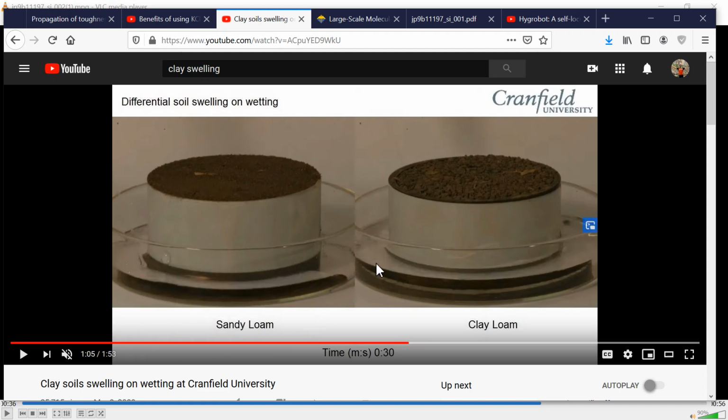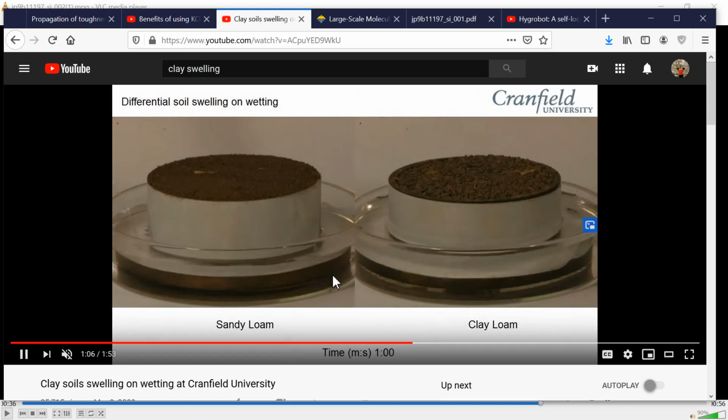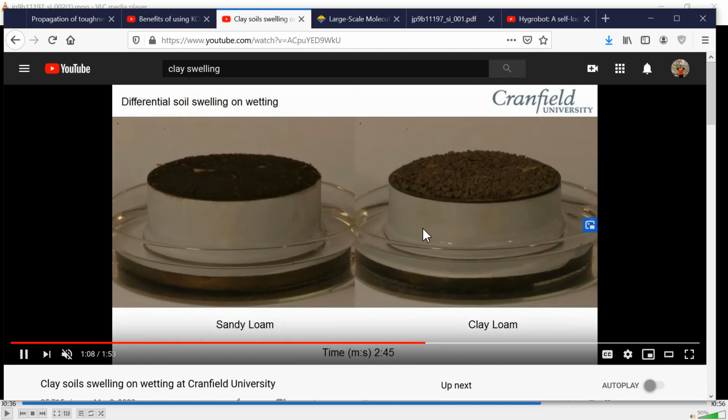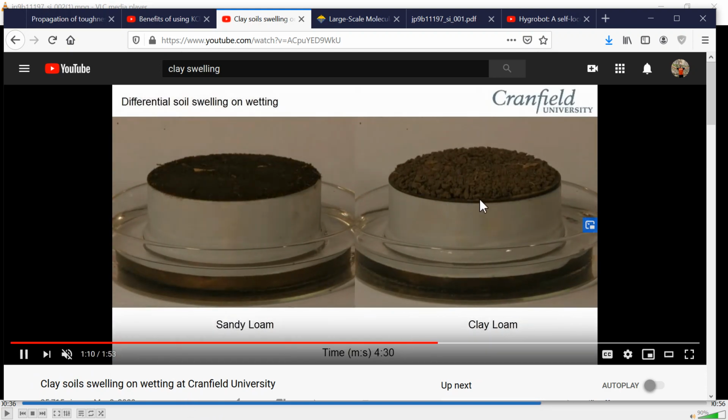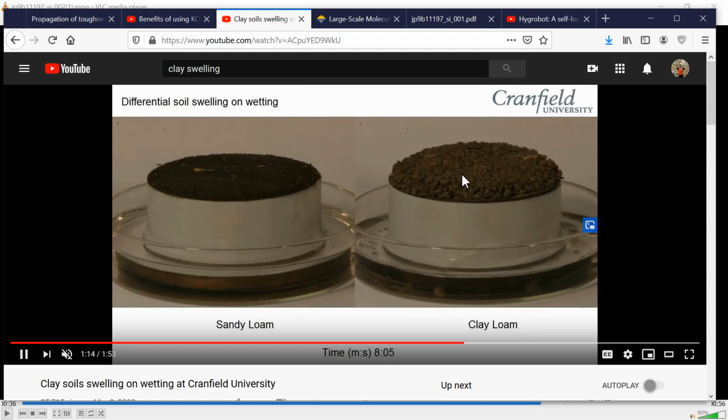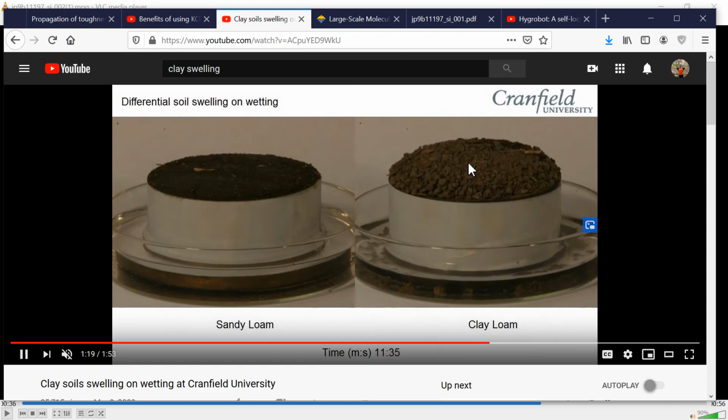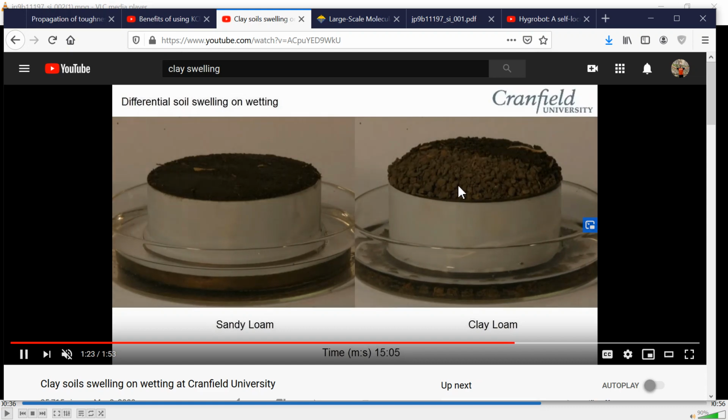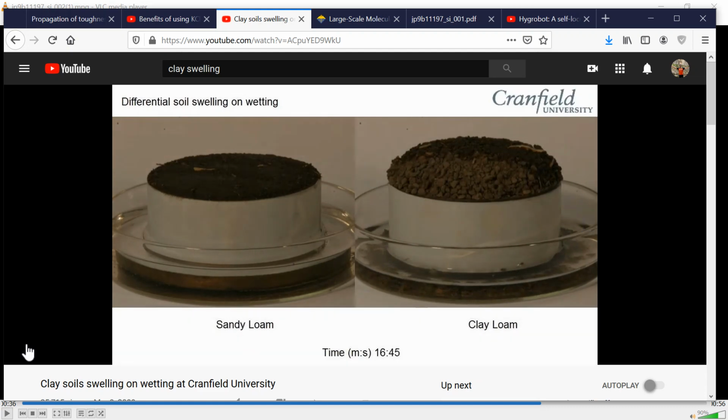And these two are subjected to water imbibition. So as water imbibition occurs, you see how this other sediment starts to swell. And it swells because the clay is swelling, and the clay swelling is a response of the equilibrium distance between the clay platelets that we discussed before.